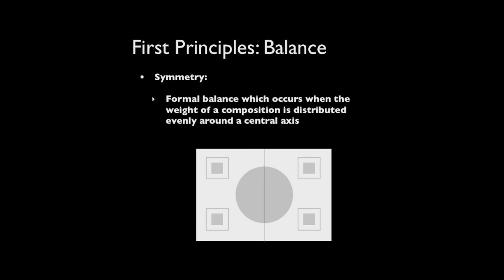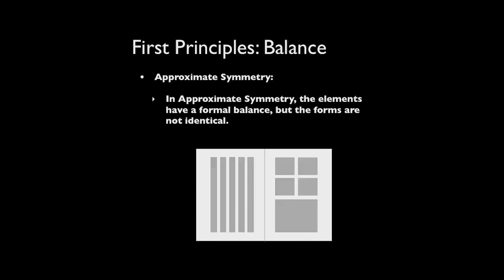Symmetry is one of the first principles of balance, and a formal balance is, think Wes Anderson, think Kubrick. Very formalized, structured, centered imagery around a central axis. There's a lot of symmetry in the work of Wes Anderson.